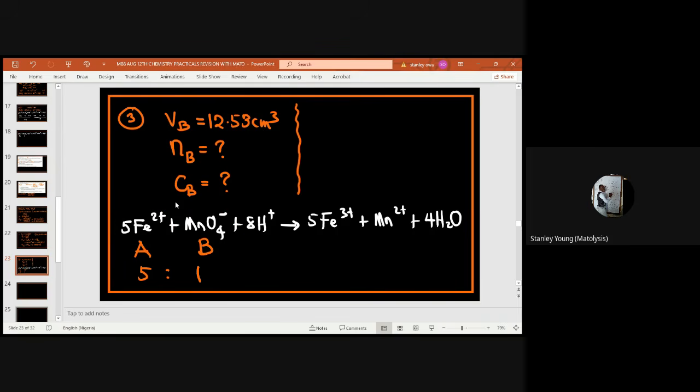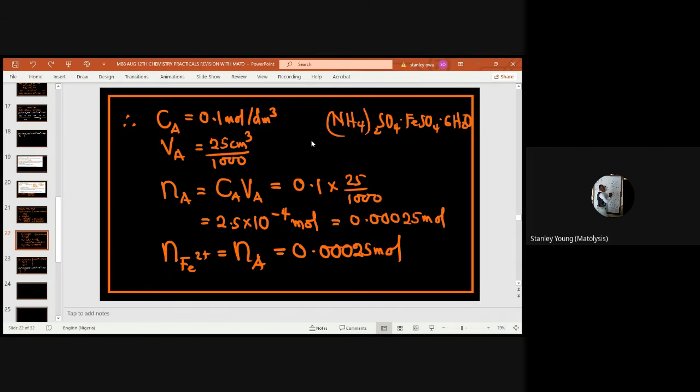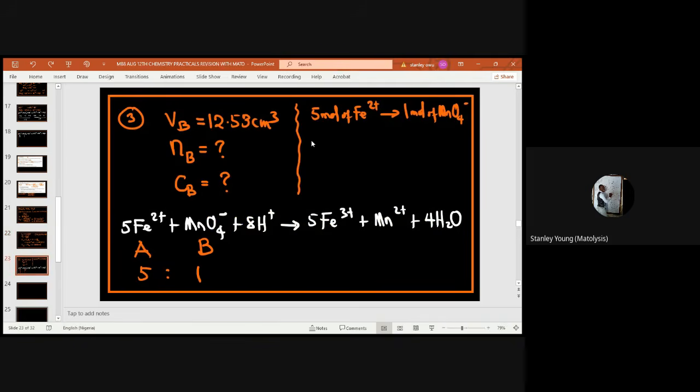So we know that 5 moles of Fe2+ gives 1 mole of MnO4-. Therefore, the number of moles that we calculated for Fe2+ was 2.5 times 10 raised to minus 4 mole, which is going to give us X. Let me just call it nB.